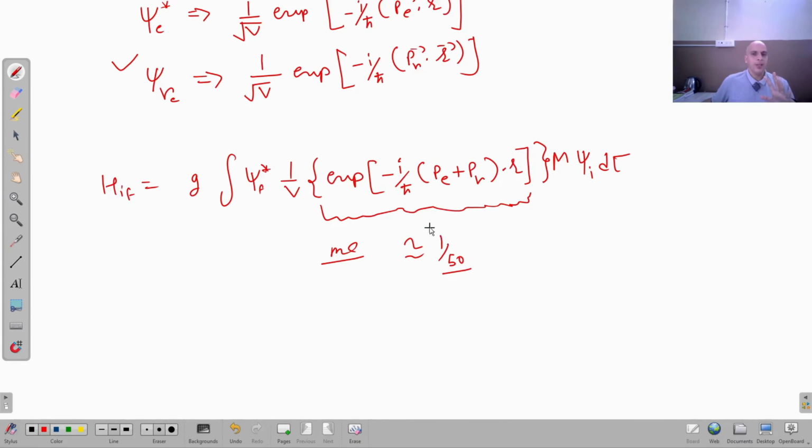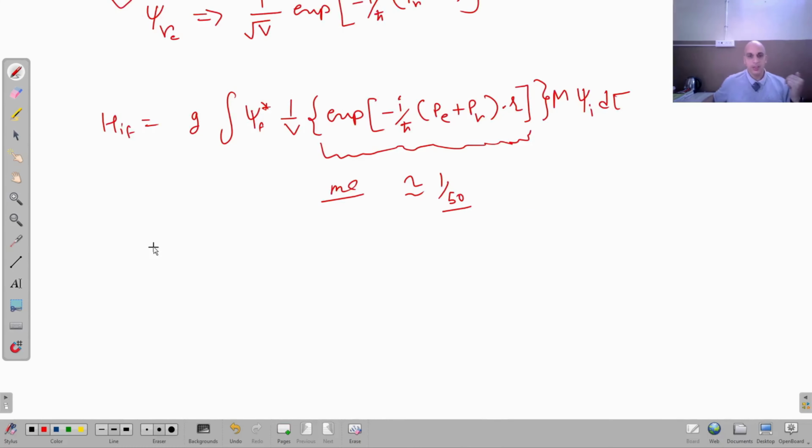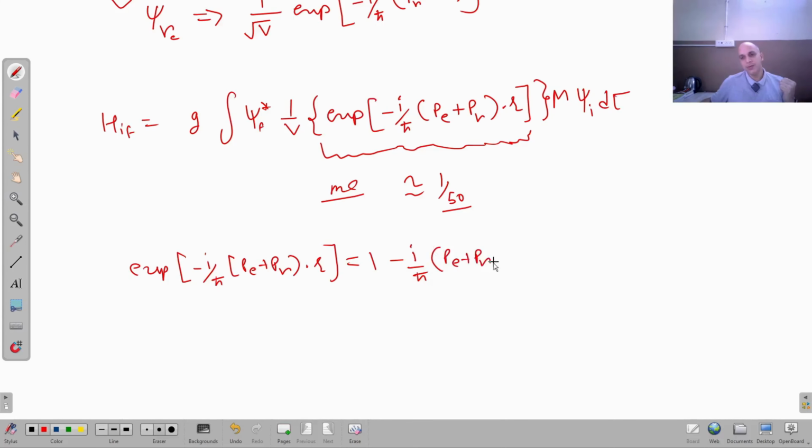So if I expand this exponential factor, we know very well it will expand according to the rule, exponential of minus iota upon h cut into PE plus P neutrino dot R becomes 1 minus iota upon h cut into PE plus P neutrino dot R minus 1 upon 2 h cut square into PE plus P neutrino dot R, the whole factor square, and plus so on.